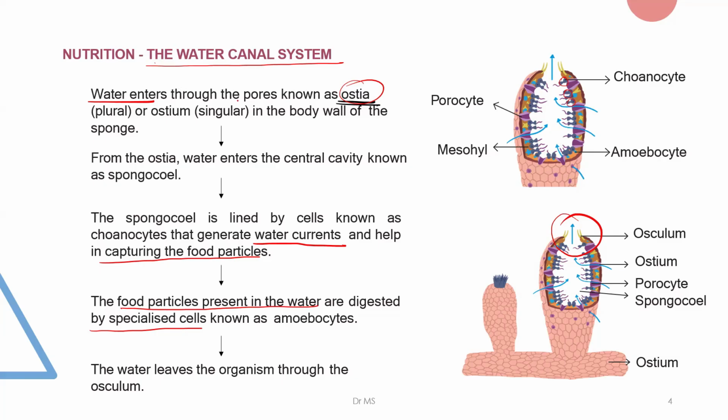The water enters through the ostia and reaches the central cavity, the spongocoel, which is lined by choanocytes that produce the water currents. With the help of this current, the food is supplied to the different cells and digested by the amoebocytes. Finally, the water exits through the osculum. Is that clear?